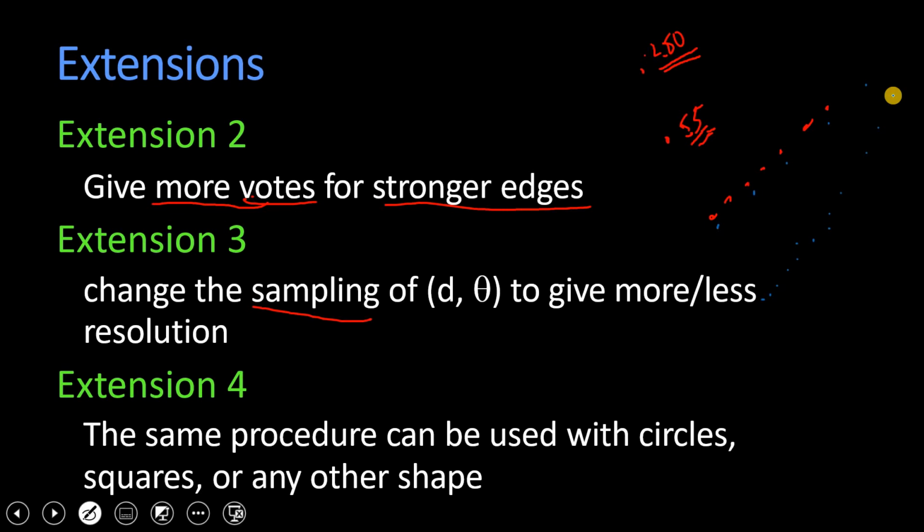Leaving one pixel, selecting the next, then leaving one, selecting the next, like this you will be focusing on the overall pattern of the line. Similarly, the same ideas that we have seen here, we can apply to other shapes, like a circle or a square or any irregular shape also.